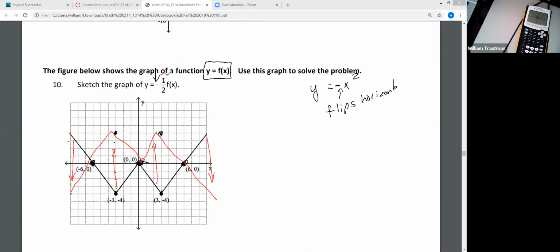Now the 1/2 makes it fatter. Remember, a large number stretches it, makes it skinnier. We're going to compress this and make it fatter now, but we're going to make it fatter by 1/2.